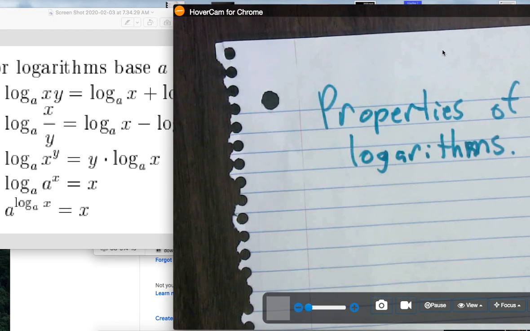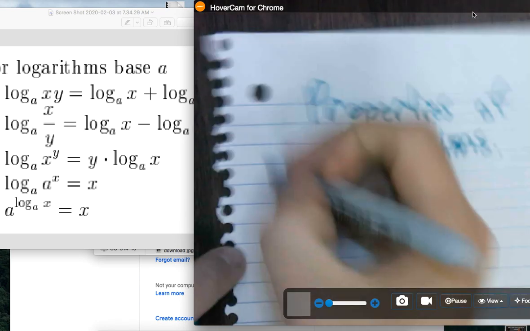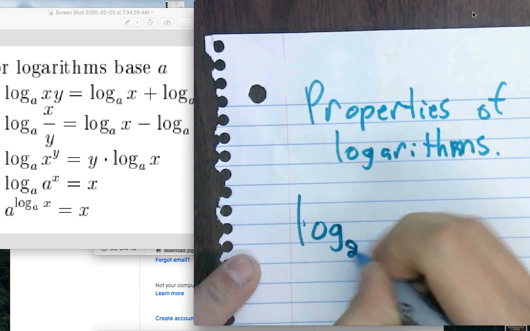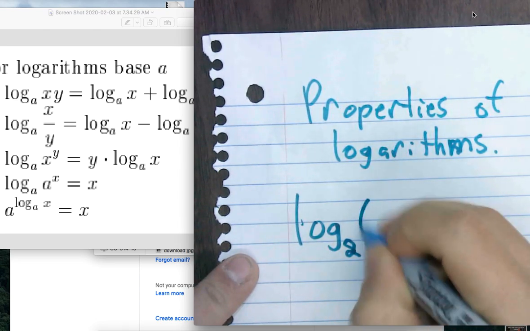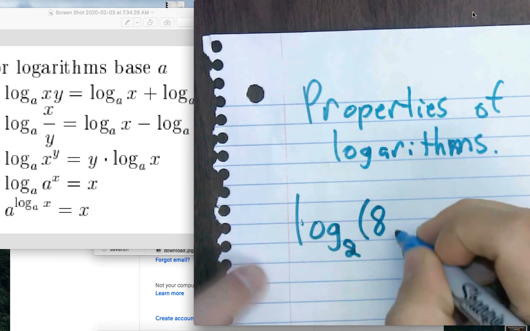So as an example, we could say that if we were to have log base 8, let's call it log base 2 of 8, and let's have this multiplying with x.